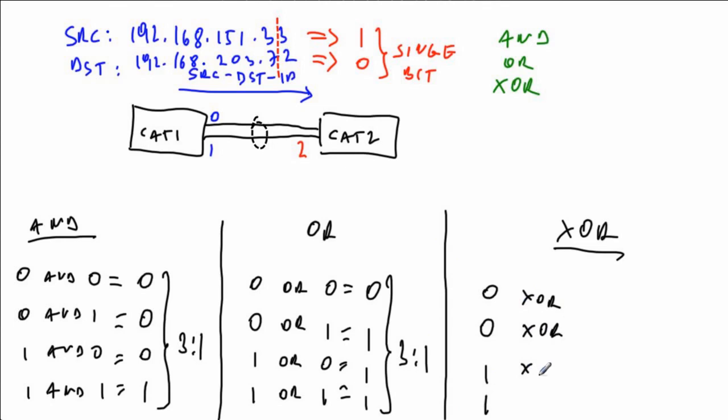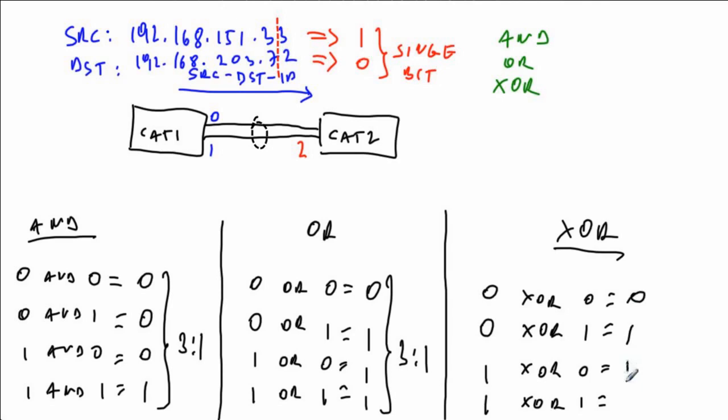So again, 4 possible combinations. The difference between OR and the exclusive OR is that exclusive OR will be true if only one bit in the operation is true. So 0 XOR 0 yields 0. 0 XOR 1, we have only one bit set to 1, results with 1.